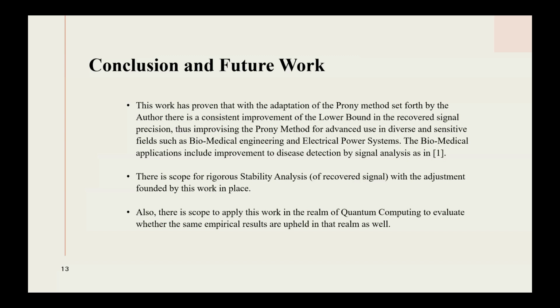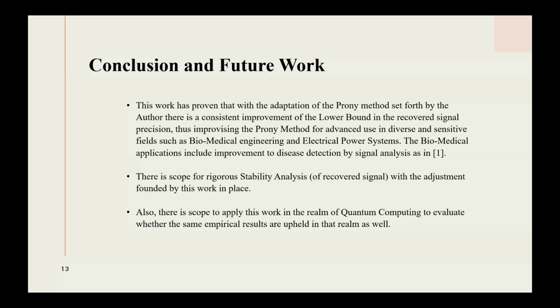As I mentioned early on, just reiterating the same fact, the biomedical applications include improvement to disease detection, and further work on this is possible through signal analysis. I put a reference there for convenience of better understanding.